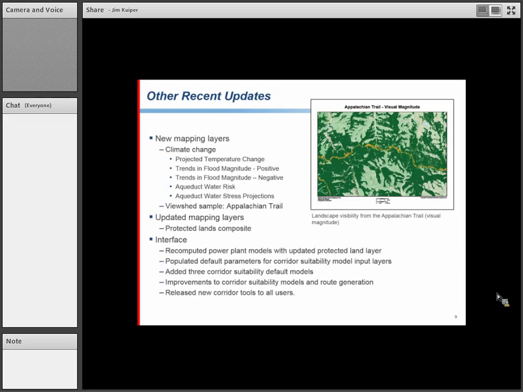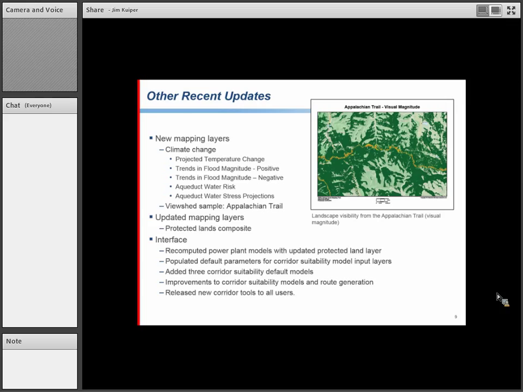That viewshed sample, and that's the map that's there, has been an interesting effort. Brent from Kansas State University has an algorithm that computes visual magnitude. If you are familiar with viewsheds, they're typically calculated as what areas can be seen or not seen based on a certain vantage point, and you might count the number of places visible from multiple vantage points.